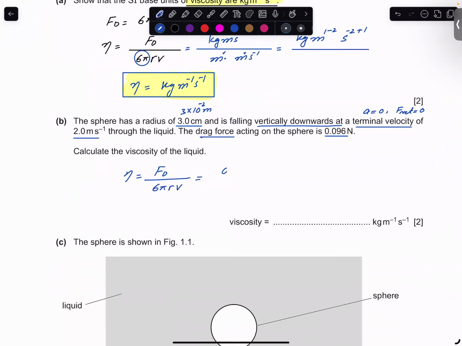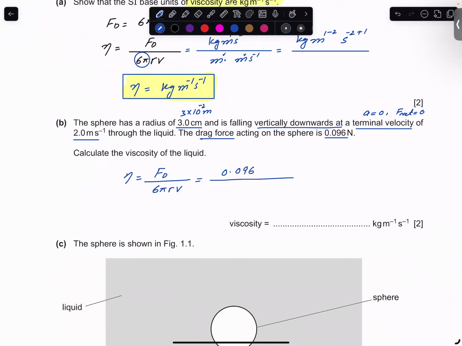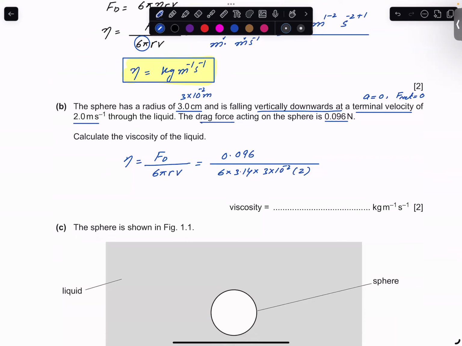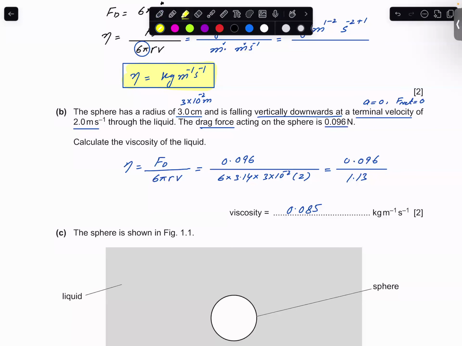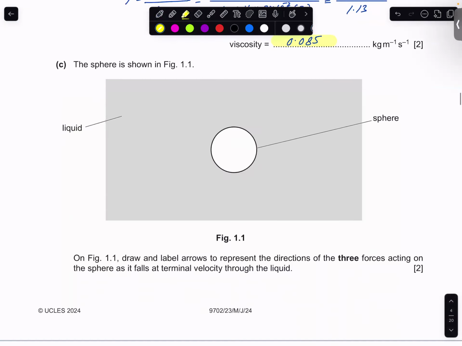The drag force is given in the question, 0.096. 6 as it is, pi value 3.14, radius value 3 into 10 raised to power minus 2, and the last value is the velocity given in the question, multiplied by 2. After calculation, the calculator gives me the viscosity answer of 0.085.